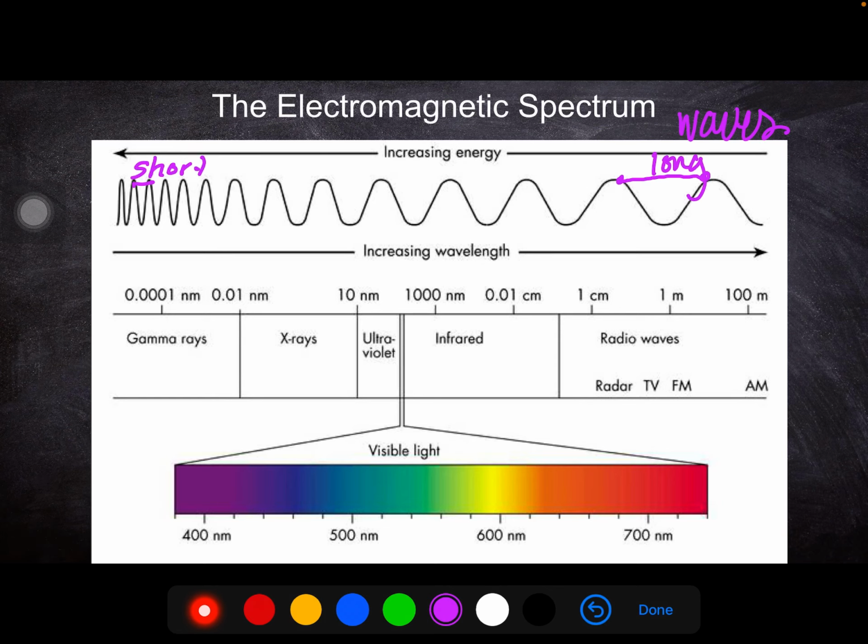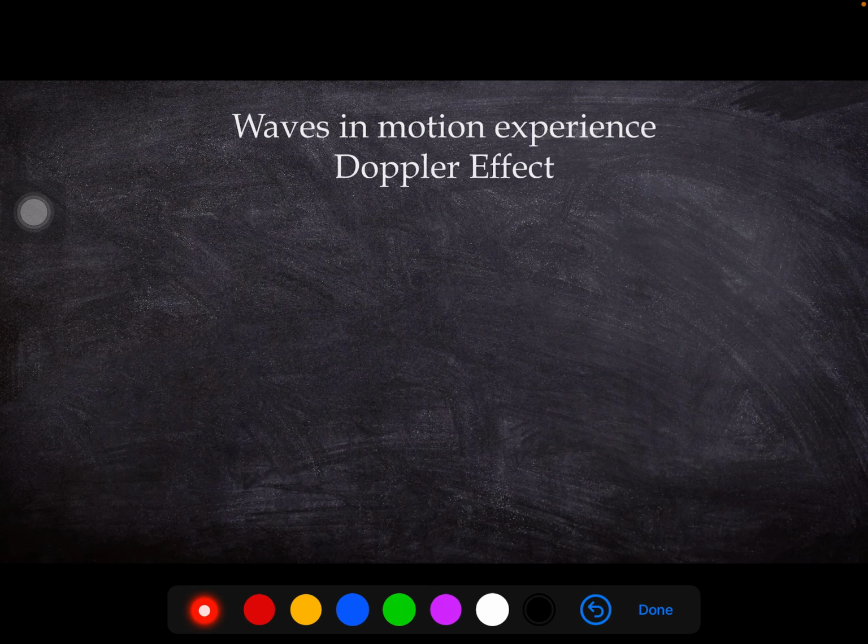As energies change, or the color changes for visible light, the wavelengths change too. Red is on the longer end of wavelengths, while purple or blue is on the shorter end.